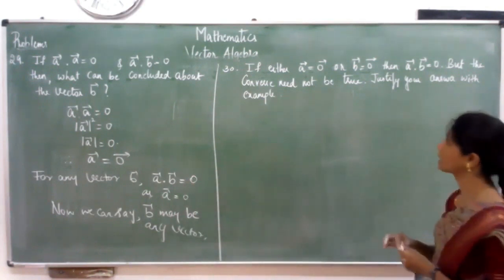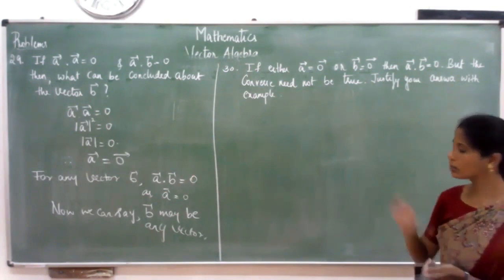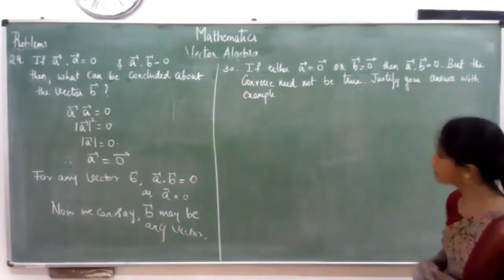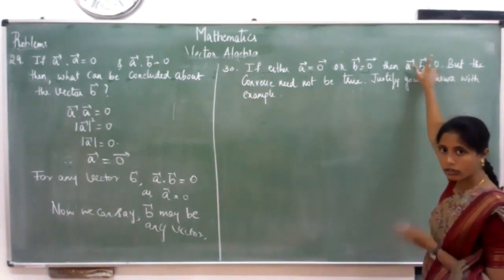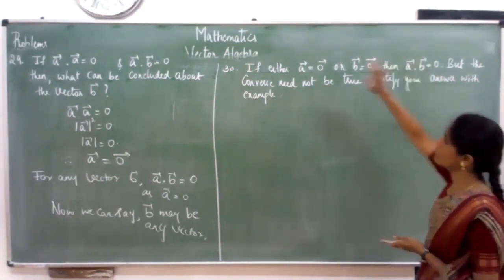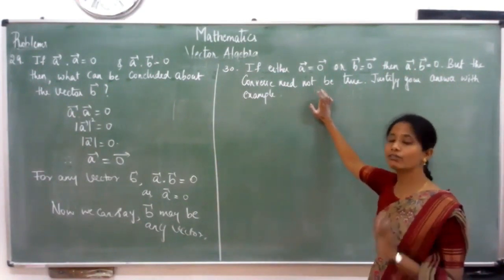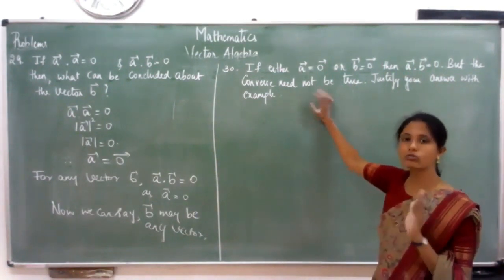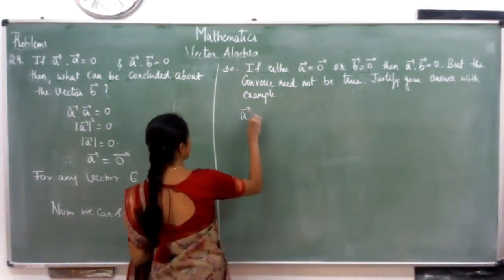But what they are asking is whether the converse is true or not, and we need to check by giving an example. That is, if the dot product of the two vectors is equal to 0, then we need to show that vector A is not a 0 vector and even vector B is not a 0 vector. This is what we need to prove. So for that, let us consider an example.